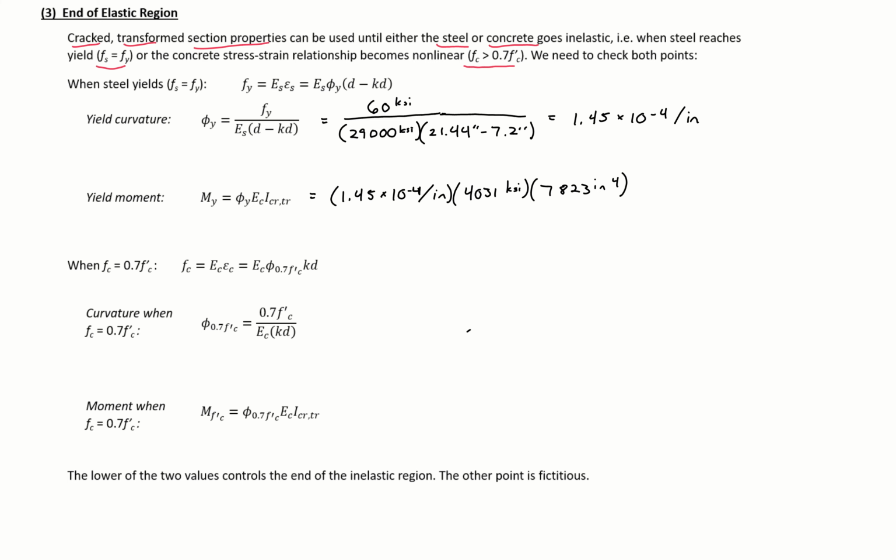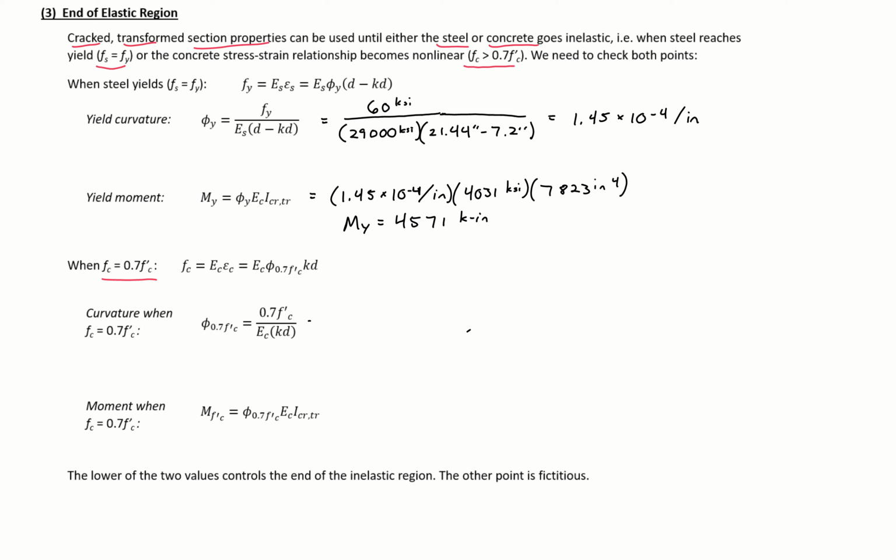And this will give us a yield moment equal to 4,571 kip-inches. Now we need to compare this point with our point when our concrete stress in the extreme compression fiber reaches 0.7 f'c.